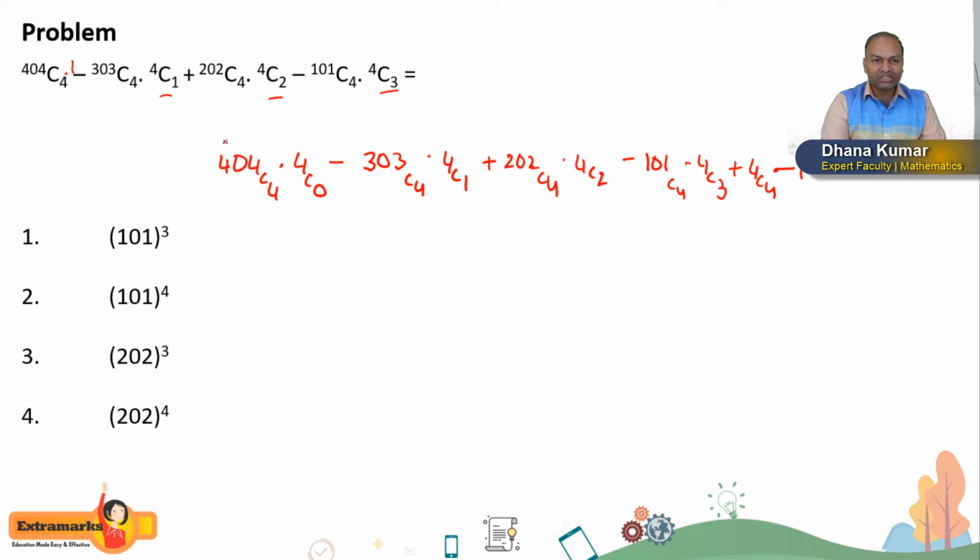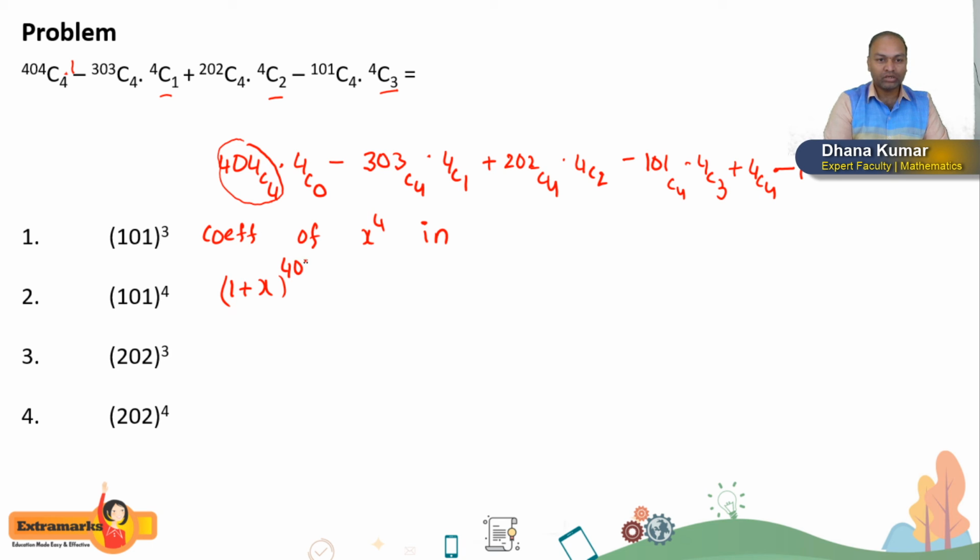See, in every term, the first element's lower suffix is the same: 4, 4, 4. Is it correct or not? Right. So this can be written as the coefficient of x power 4 in this part. 404C4 can be written as (1 plus x) whole power, upper suffix 404.